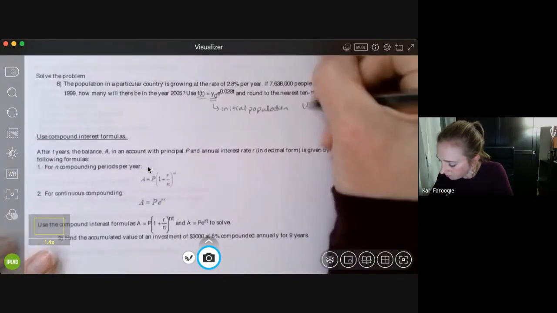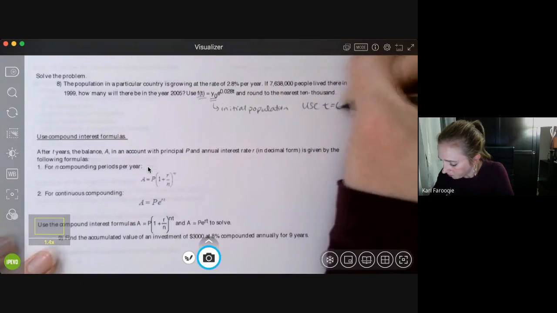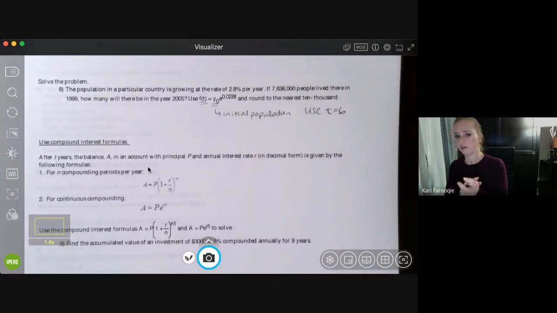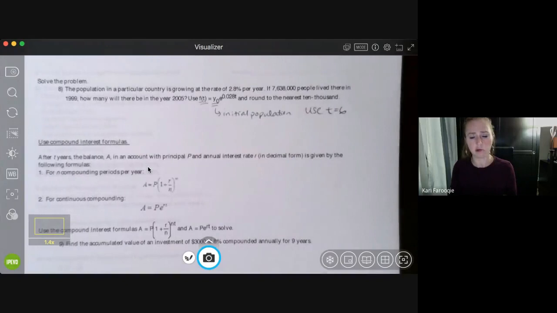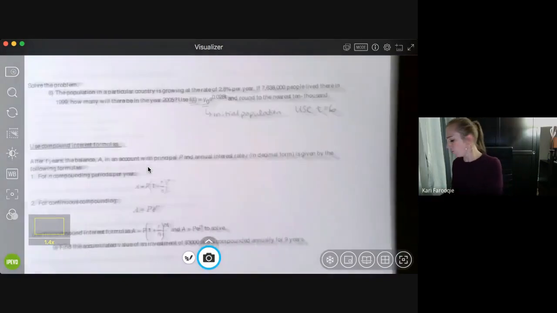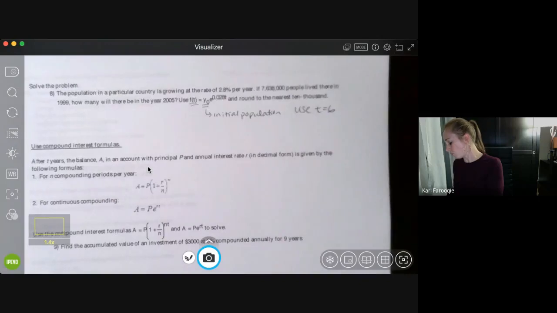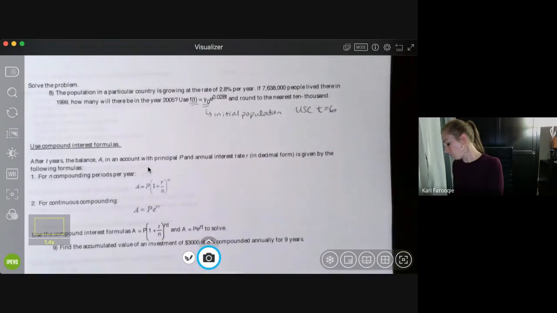Now, I was thinking maybe you were wondering, why are we using 6 years here where the first problem we did in this section, we used 12 months? Well, it's really important to note what was given to you initially as the growth rate.